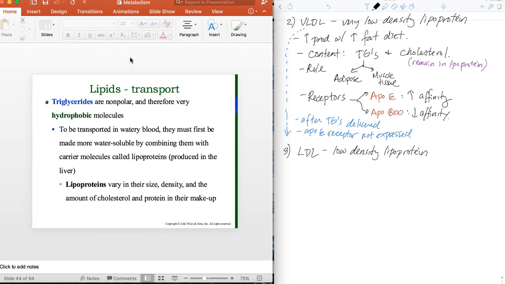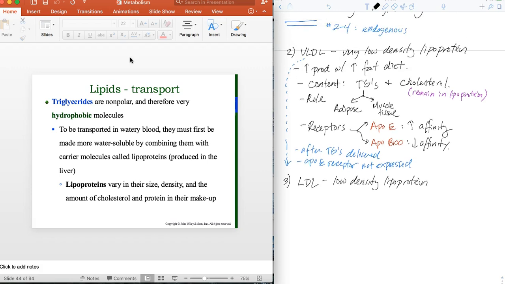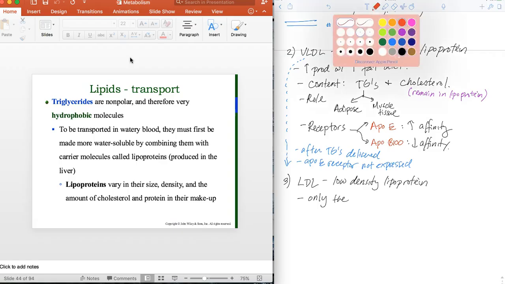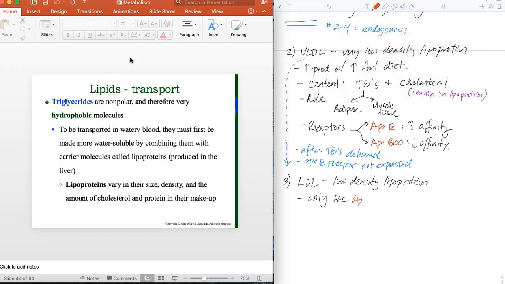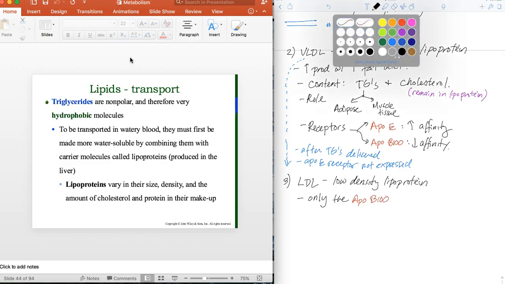Now, for these guys, what receptor will they have on their surface? Only the ApoB100 receptor.